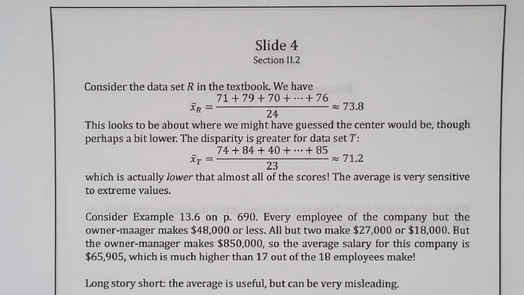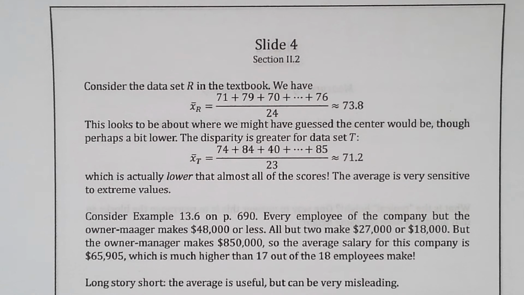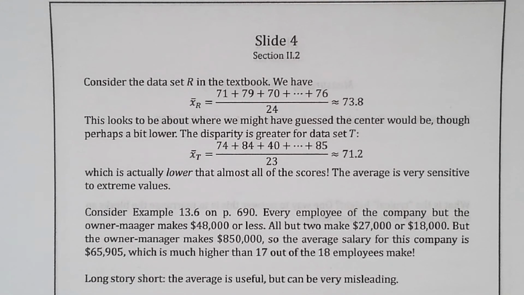There's only one person that actually makes more than 65,905, and that's the owner. So you could say, well, the average salary is about $66,000, and that would be true. But it's also very misleading because no one makes that much money except for the owner. Okay, so long story short, the average is useful, but it can be very misleading.